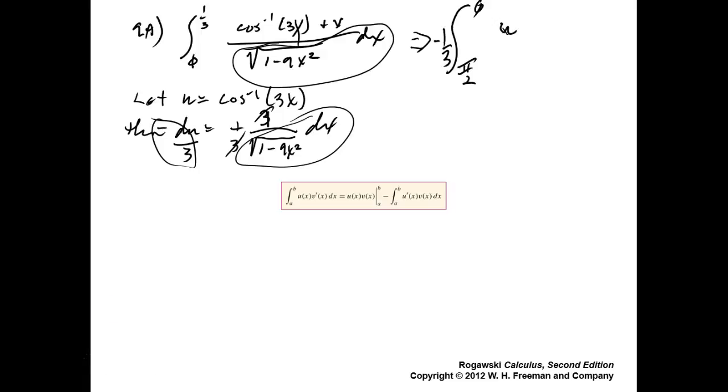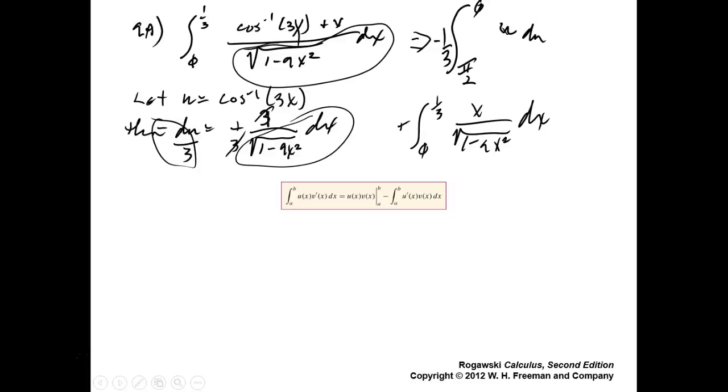All right, that would be u, and that's u du. Okay, then, not having changed this, we'll do a plus the integral from 0 to 1/3 of x over the square root of 1 minus 9x squared dx.